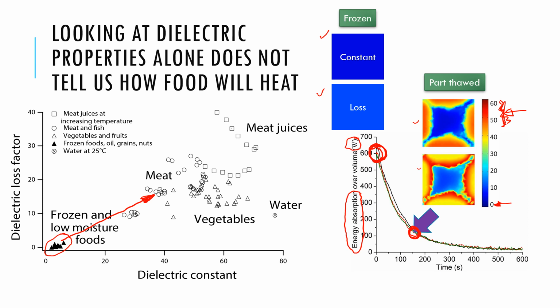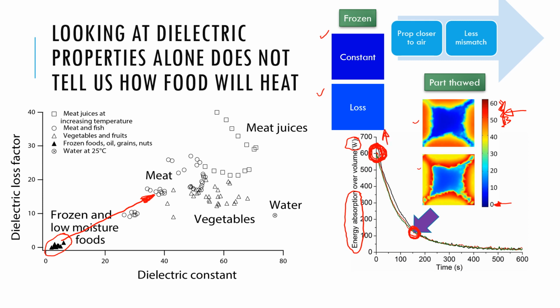Why? Because when it was frozen, its properties were closer to that of air. So there was less mismatch between air and the frozen material. So then more energy from the oven could actually get into the frozen material, because there's not as much reflection from the surface.